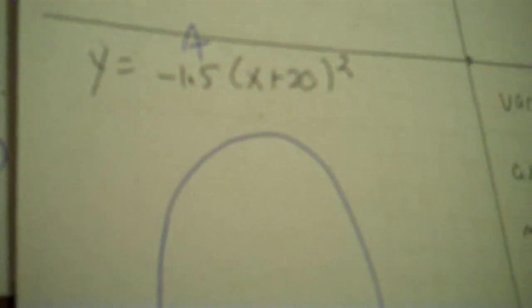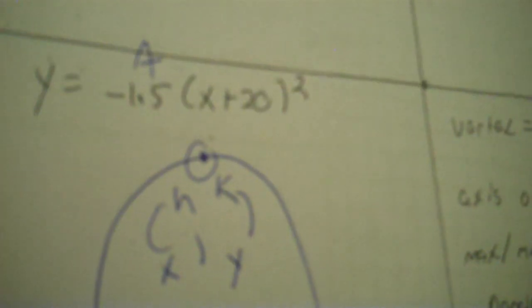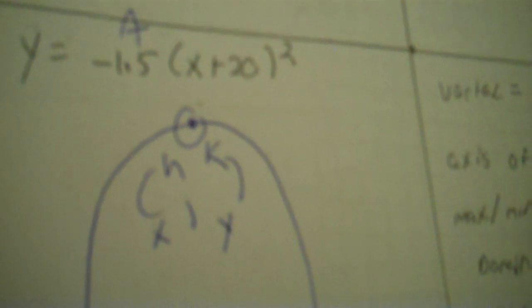First, I want you to label your A. If it's negative, it will be upside down. Okay. Now the vertex. Mark a point in the middle and label it. Okay. Put an XY on bottom, put an HK up top. Now, here's what you do. Find your H. Take that inside, set it equal to 0.